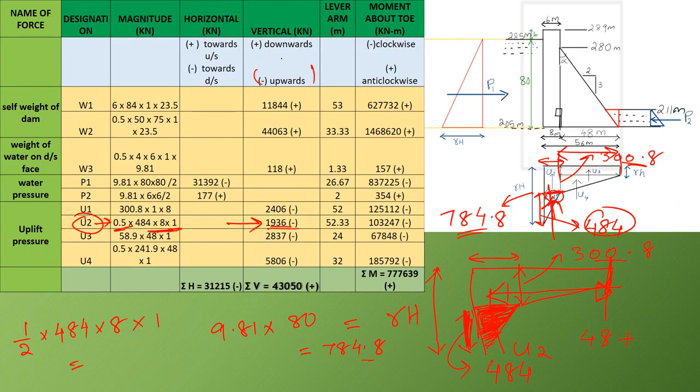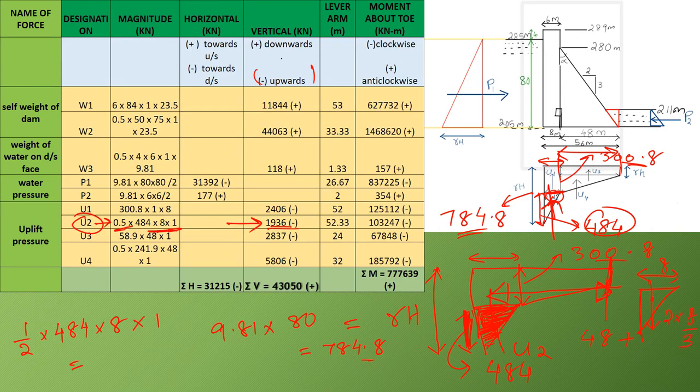If we draw that triangle again, the centroid will be at this gap length, which is 8. So the centroid will be along this line, so this is 2 into 8 by 3.